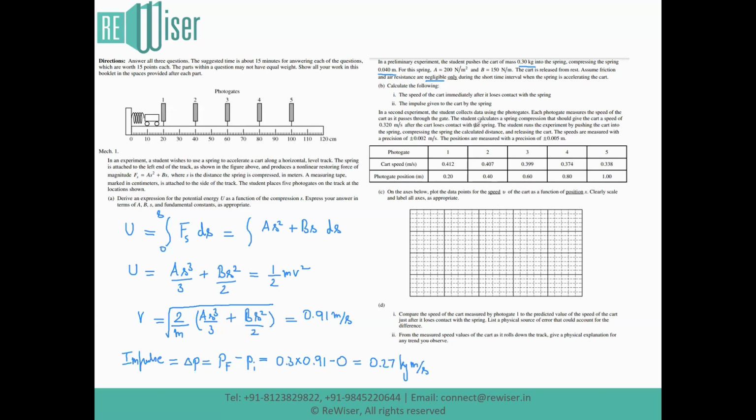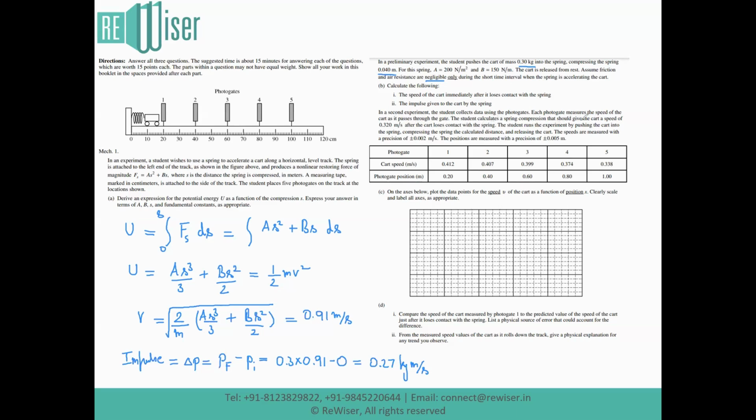In a second experiment, the student collects data using the photo gates. Each photo gate measures the speed of the cart as it passes through the gate. The student calculates a spring compression that should give the cart a speed of 0.32 meter per second after the cart loses contact with the spring.